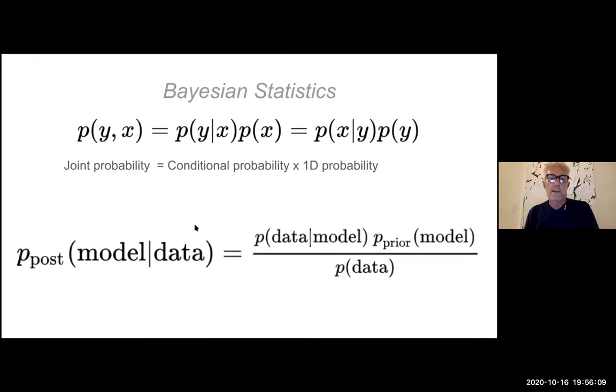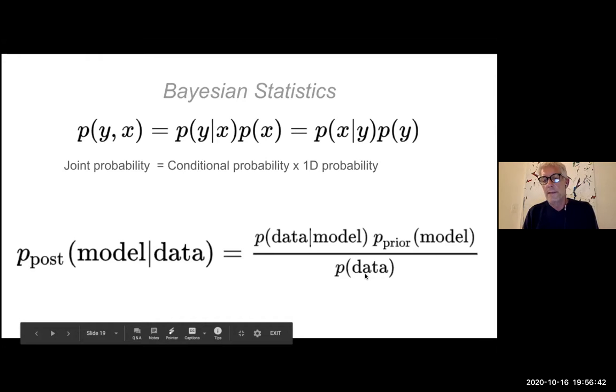And now instead of x and y just being a single number, think about y being a bunch of data and x being a bunch of parameters in a model. Then what we can do is use this Bayesian approach to say that if we're interested in model testing, then the posterior probability of the model given the data looks like the prior probability of our model times what's called the likelihood, which is the likelihood of the data given the model, and then dividing by the probability that you would get the data.